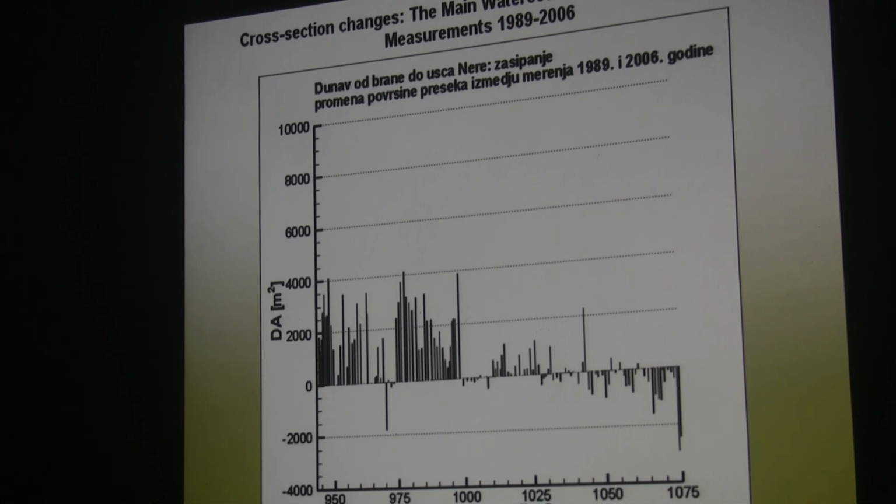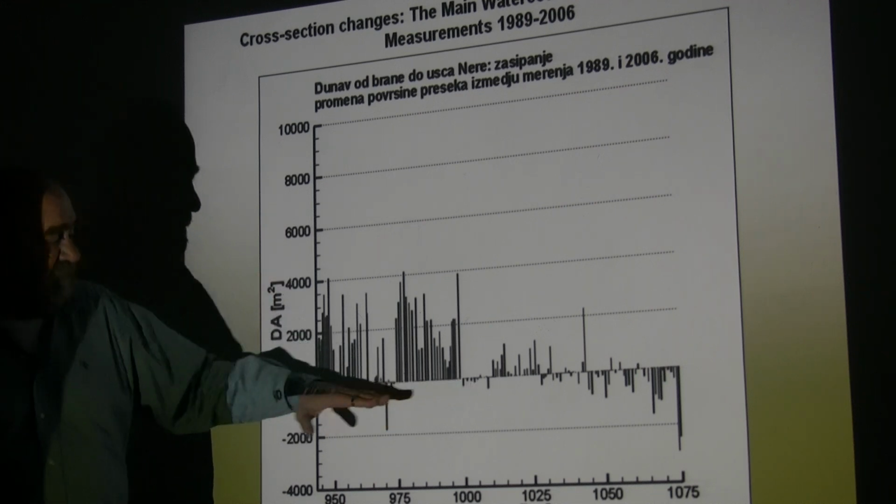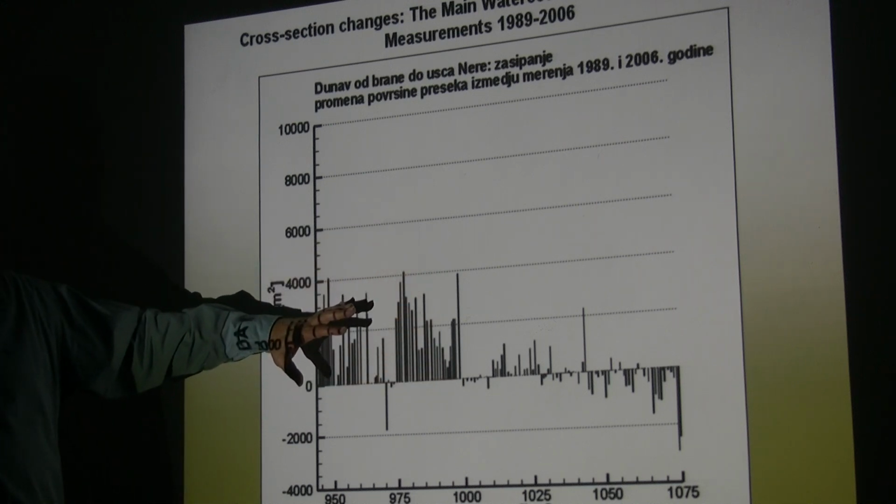We were modeling 92 to 2006 because that's when we had data, especially for boundary conditions. At the downstream end of the reservoir, close to the dam, we have about 50, 60 kilometers of massive deposition.